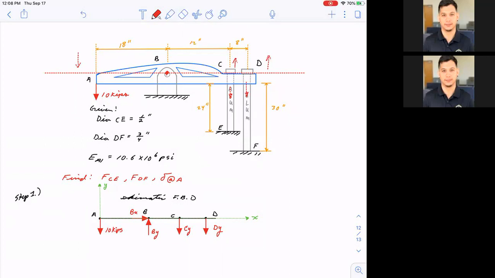Now at B, when I push down at B, it would have the tendency to compress B. So the internal force would want to counteract that natural tendency to compress the pin.